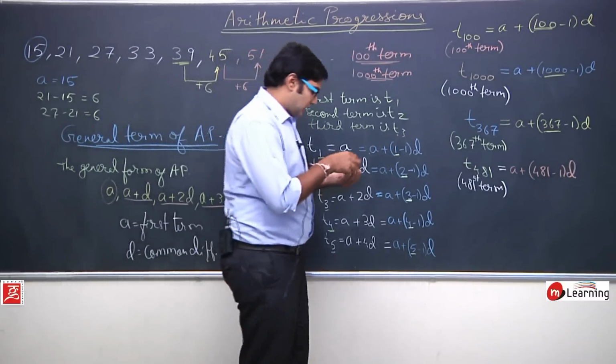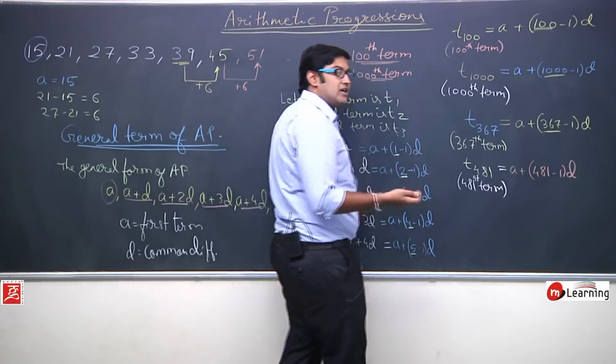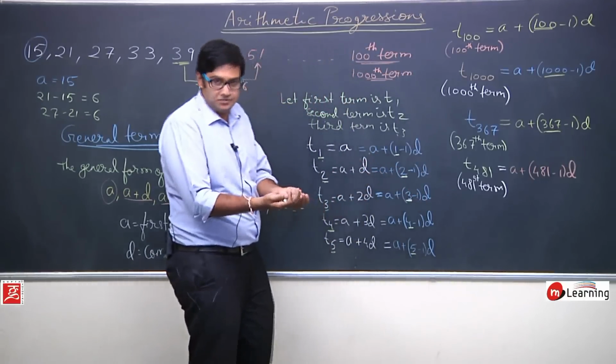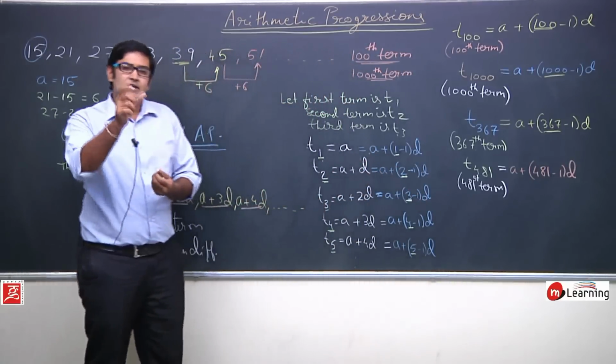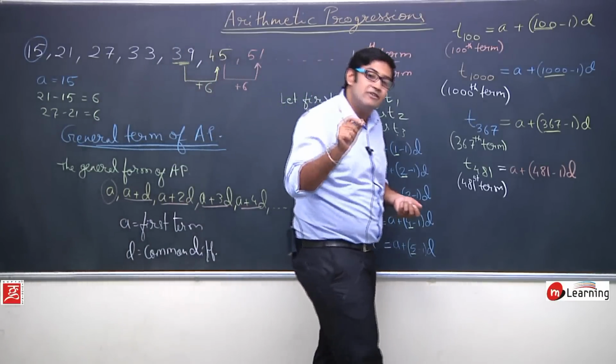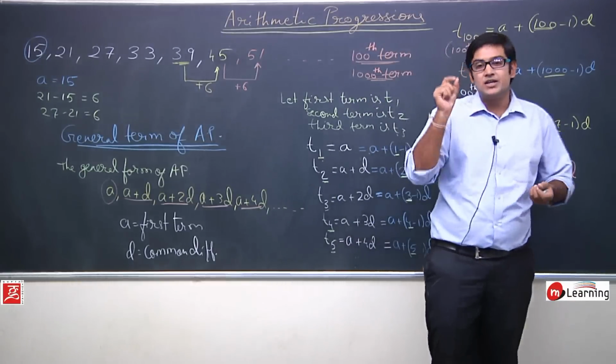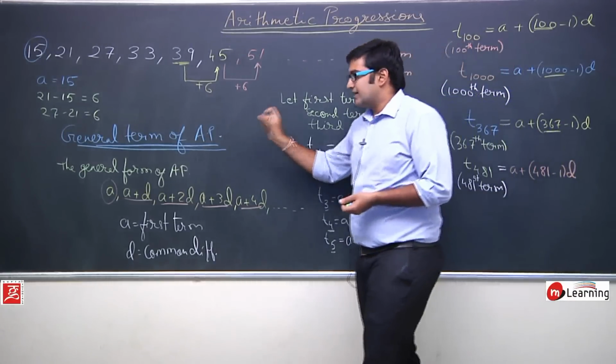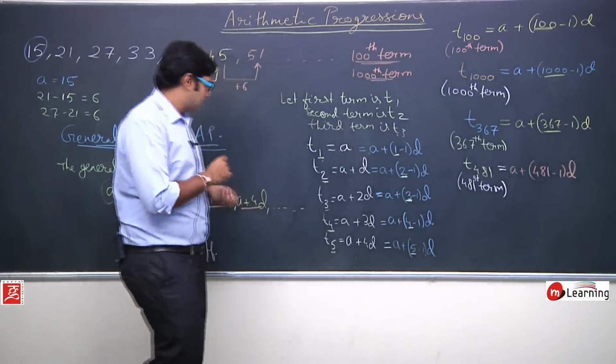Okay, so if I ask you what is the general term, what is the general representation? General term means a formula which can represent each and every term of an arithmetic progression. Okay, general term का मतलब क्या हुआ?